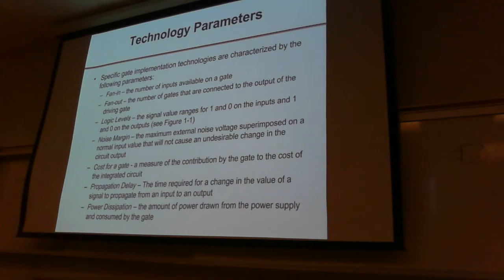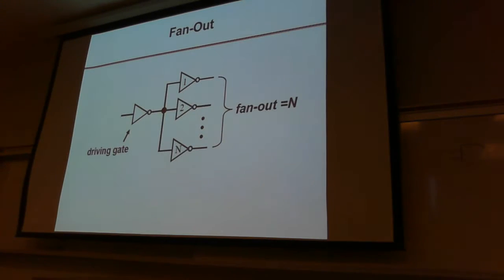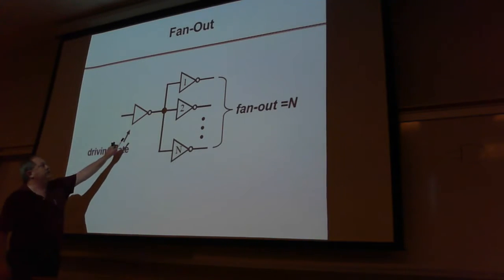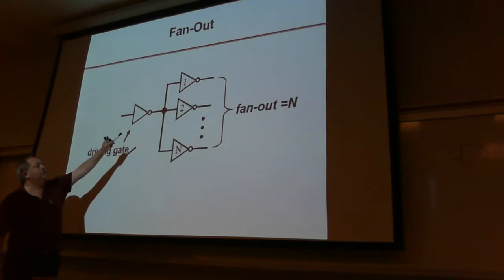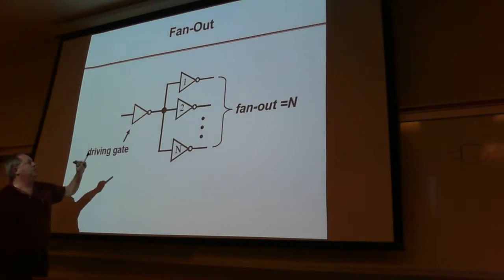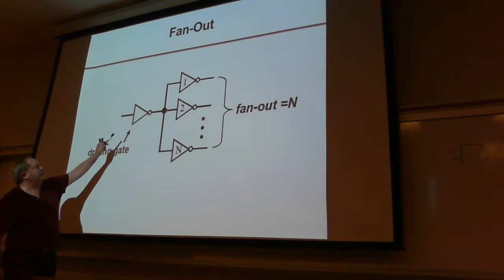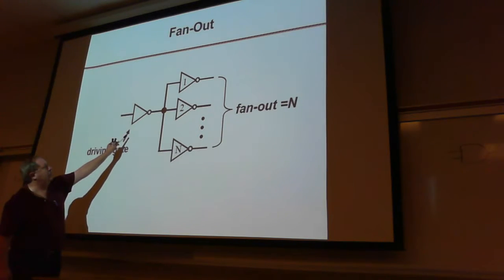Fan out, well, it's not just the opposite, it's more, actually, that was the next slide. Fan out is talking about how you can connect multiple chips to a single output. In this example, I have 1 through N plus 1 inverters, not NAND gates, but inverters.